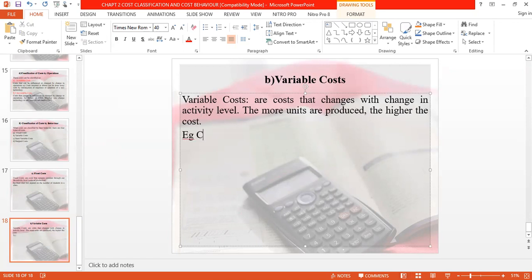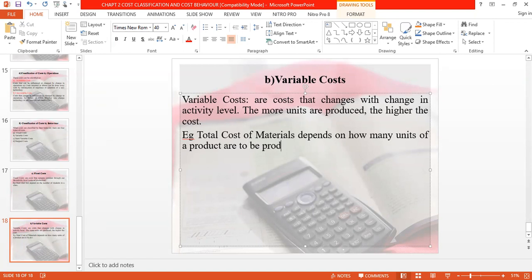E.g., cost of raw materials. Total cost of materials depends on how many units of a product are to be produced.